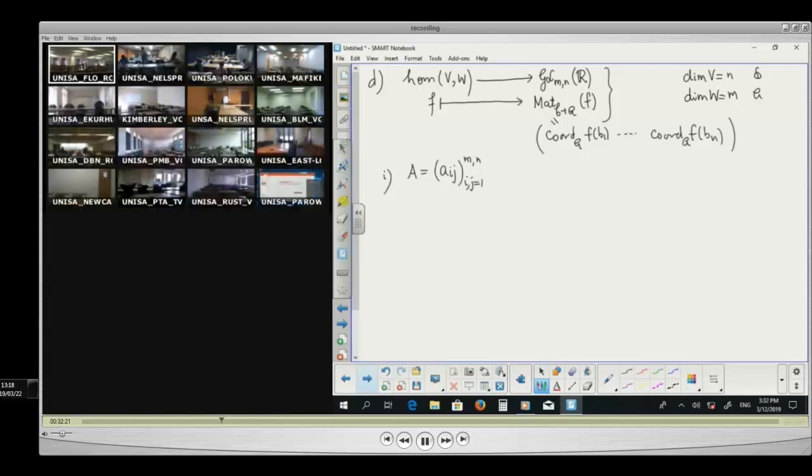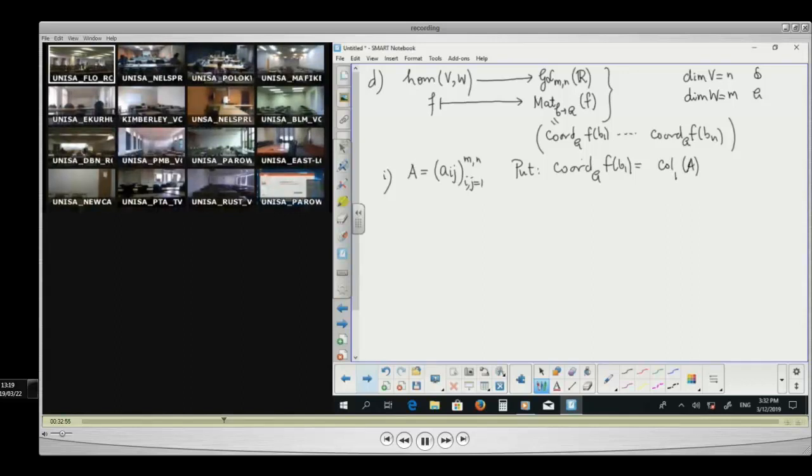So, I define Fb1. I define the coordinates of Fb1 to be the first column of this.